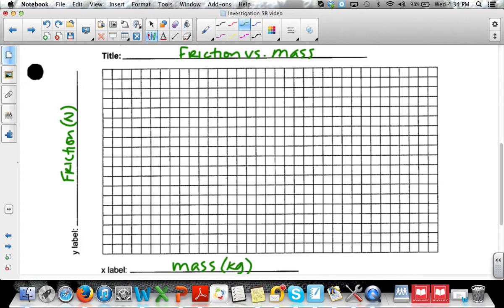Okay, so then for scaling here, just to make sure I fit everything in. Along the mass, I'm going to skip every 2 lines and go 0.01, 0.02, 0.03, and so on.